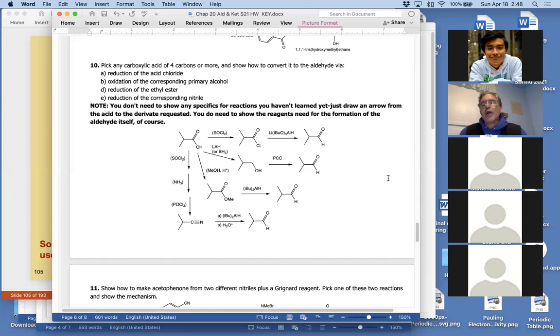Insoluble material doesn't react very well. So LAH is not a good way to reduce acids in general. Borane is a great way, BH3 just as a reducing agent. So I just noted that parenthetically here. I'm not going to include that as part of the curriculum. Actually, I don't think it's in the next chapter. But it is one of the best ways to reduce carboxylic acids, just borane itself.